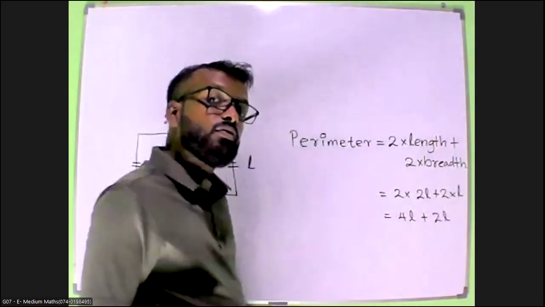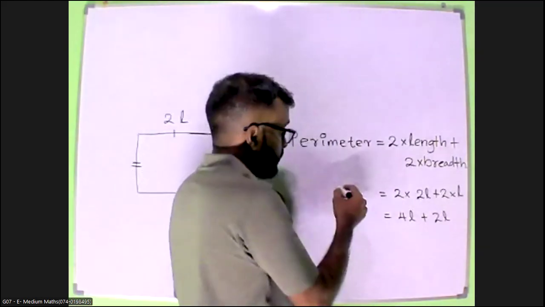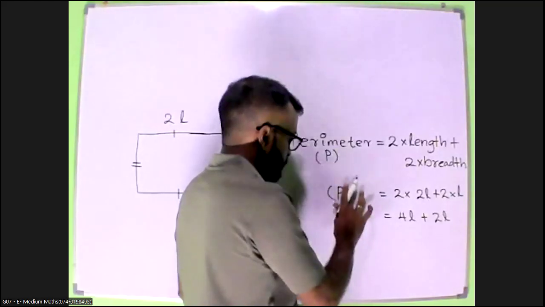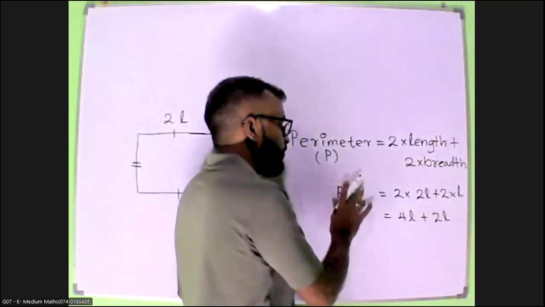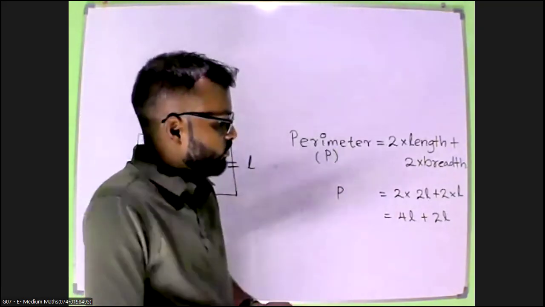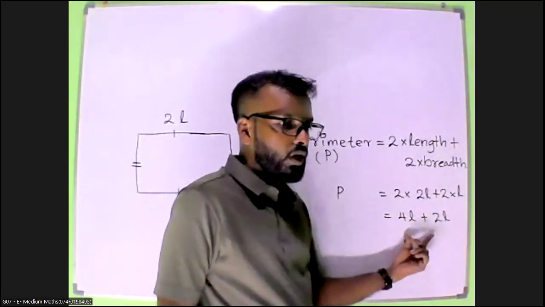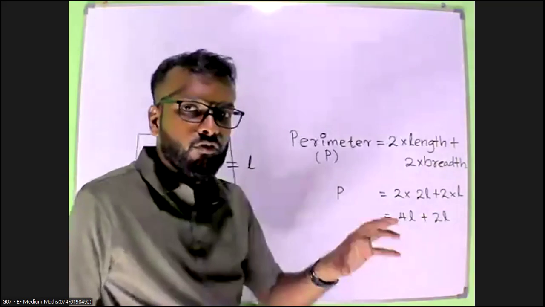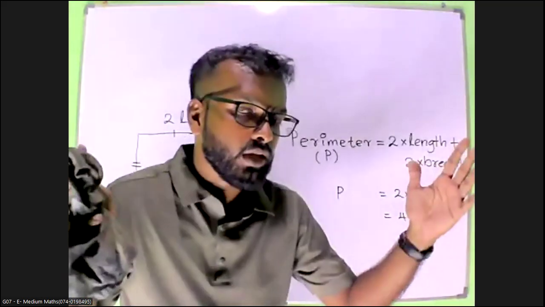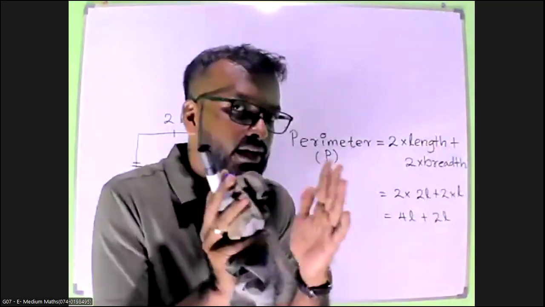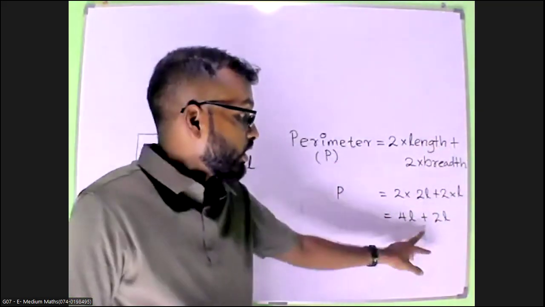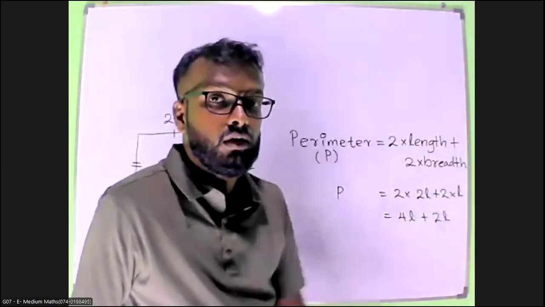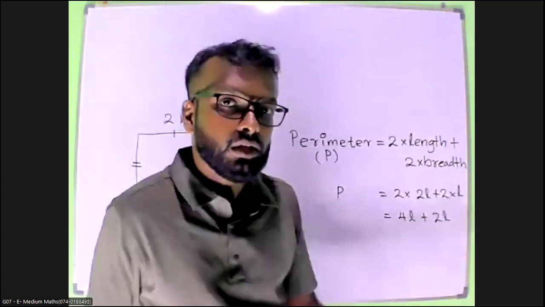So is this the final answer? Mary, this is not the final answer. When you find perimeter P, this is not the final answer. You cannot leave it like this, because these are like terms, 4 apples plus 2 apples. They can be added. If it were 4 apples plus 2 balls, you cannot add it.